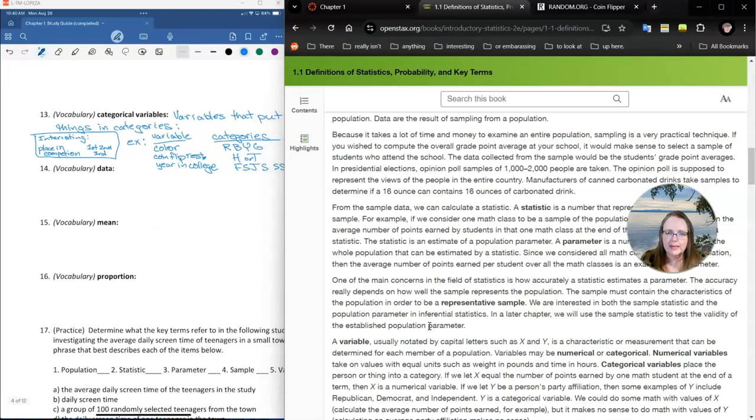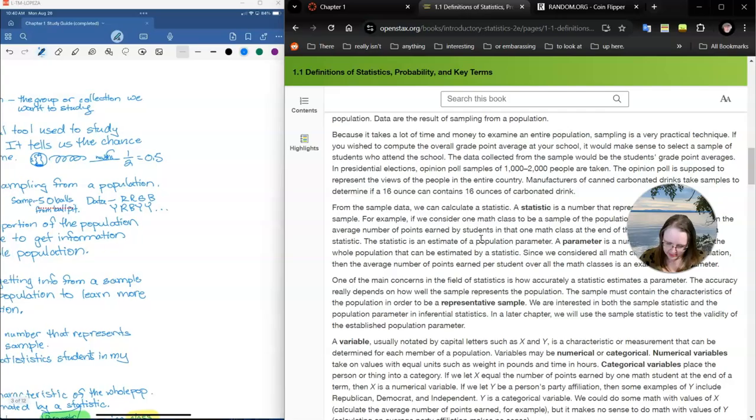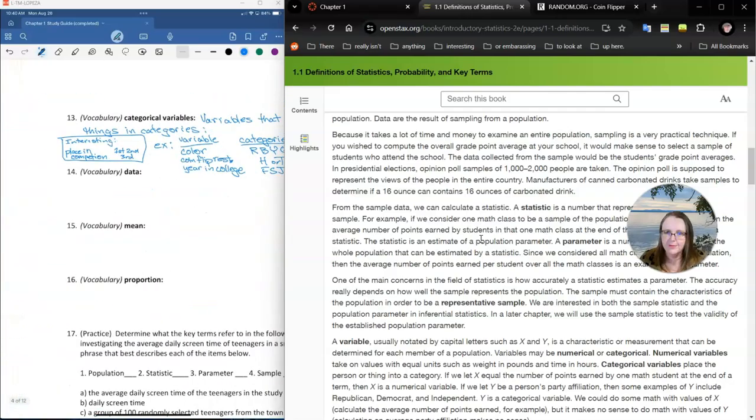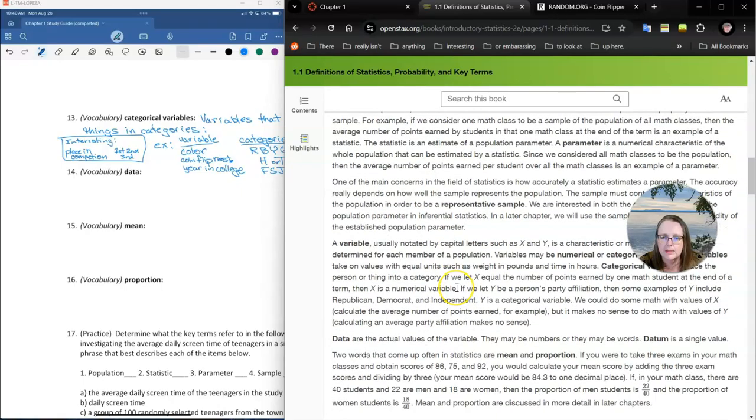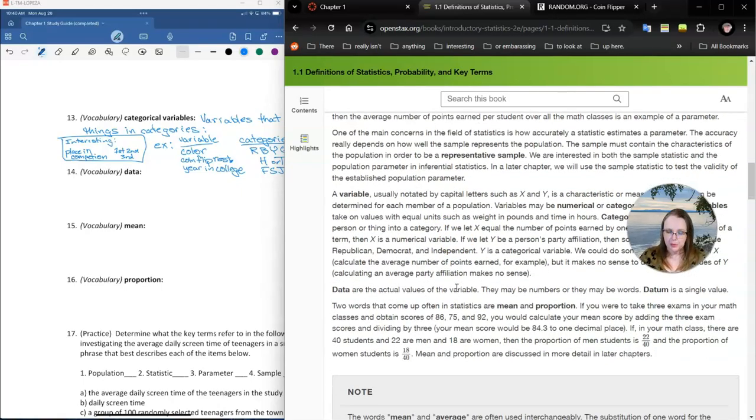All right, data. I feel like we have defined this word before, but let's see what it says here. Data is the values of a variable, or the variable that we're looking at.